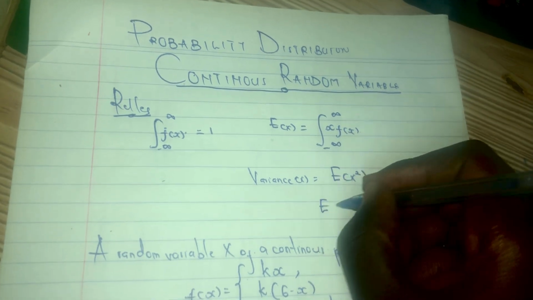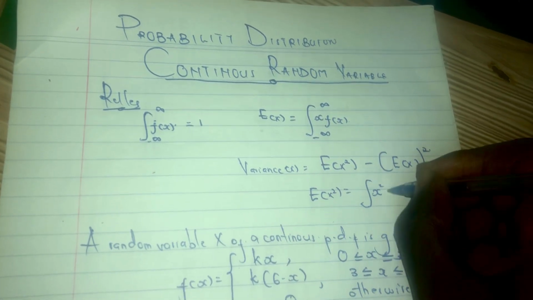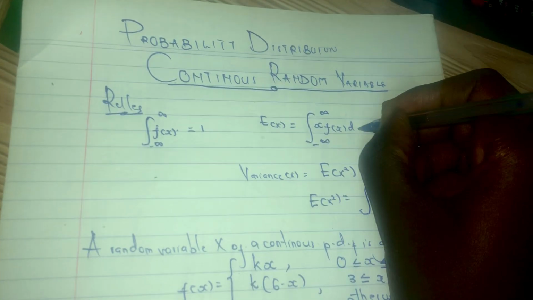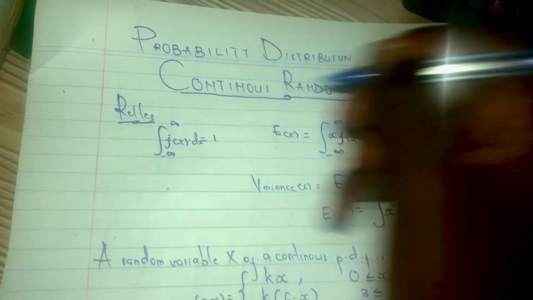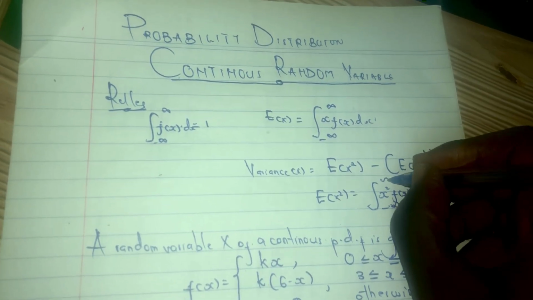But expectation of x squared is the same as the integral of x squared times f of x dx. This is dx, and here this is dx. This is negative, and this is positive. Are we together? So let's see this question and try it out.